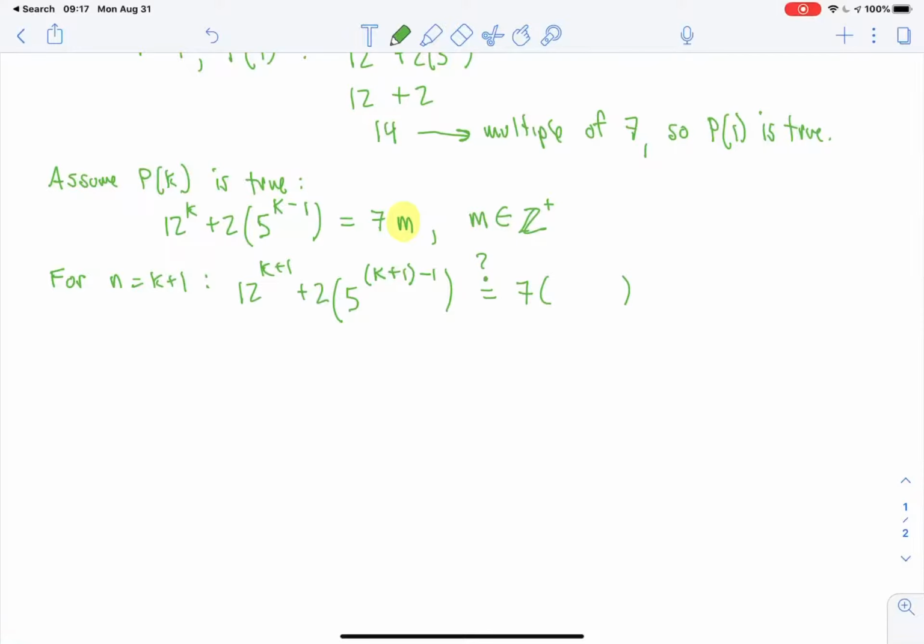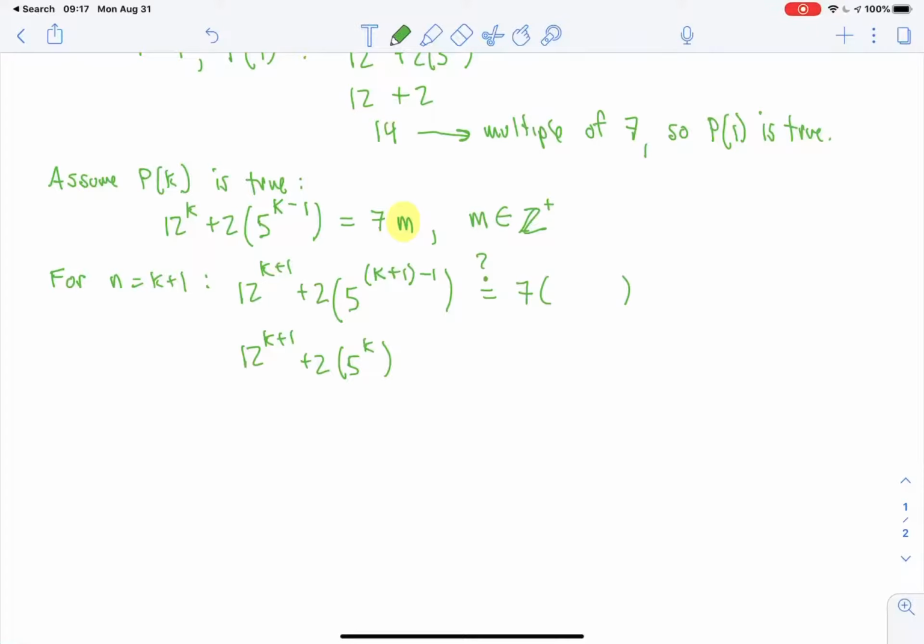So let's not cross the equal sign. We don't have to do anything on both sides. Let's see if we can simplify what's on the left-hand side. So first thing, this becomes 12 to the k plus 1 plus 2 times 5 to the k, simplifying that expression, k plus 1 minus 1. And so 12 to the k plus 1 plus 2 times 5 to the k is our result.